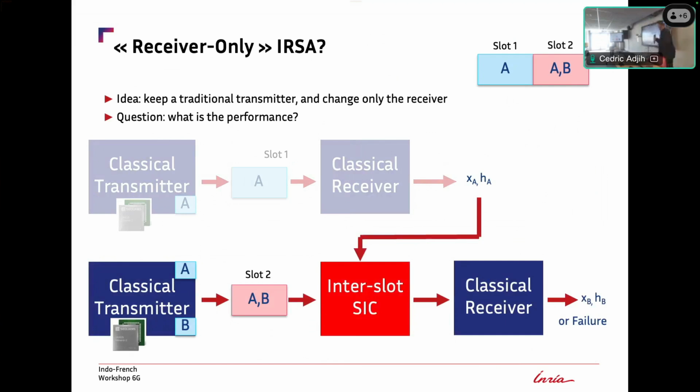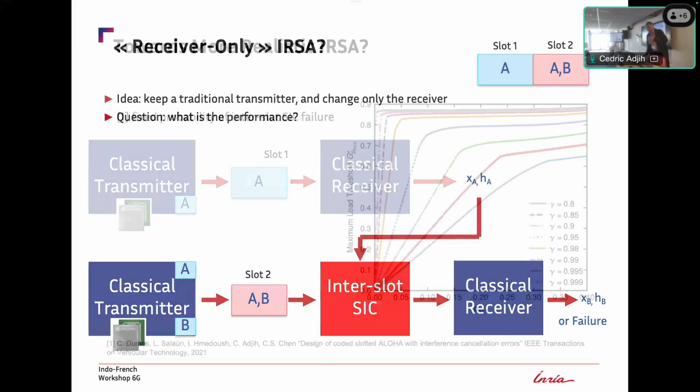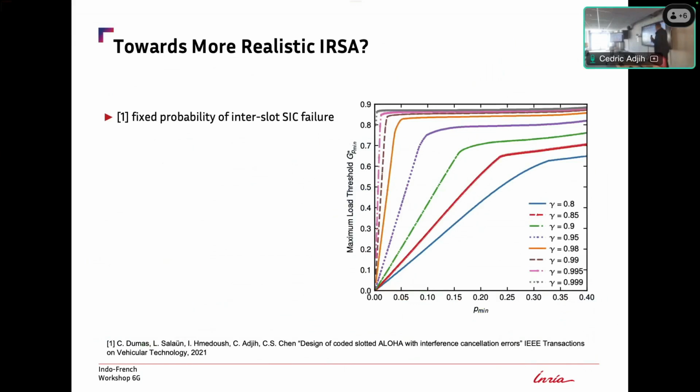Also, we don't want to assume that inter-slot SIC is perfect. There has been some work with people at Nokia where the assumption was that the inter-slot SIC decoding will fail with a fixed failure probability. For instance, in some of the work, we assume that every time we do SIC, we fail with probability 0.1.